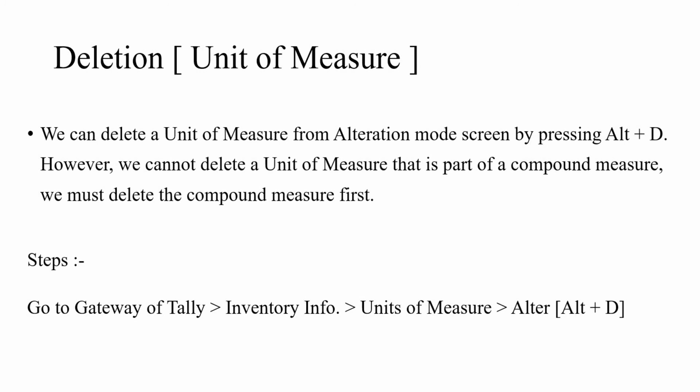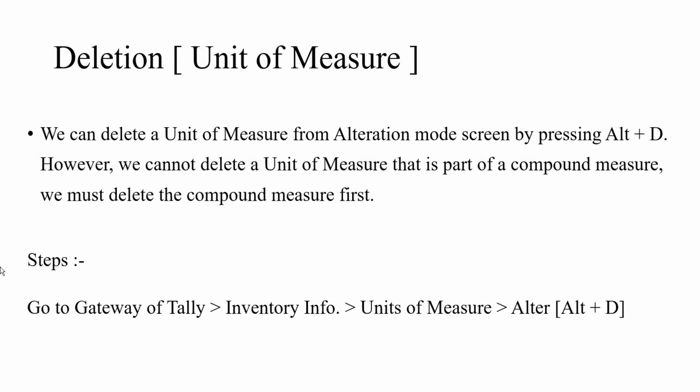We can delete units of measure from the alter mode screen by pressing Alt plus D. But we cannot delete a unit of measure that is a part of compound units of measure. In this case, first we have to delete the compound units of measure, then we have to go for deleting the simple unit which is related to the compound measure.